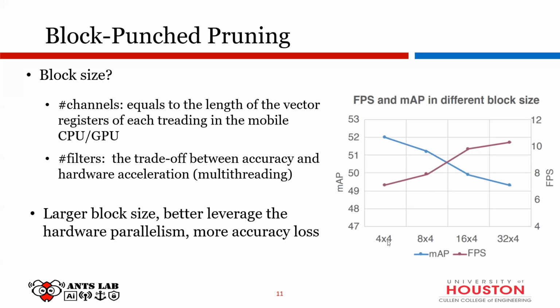As you can see, 4 here represents the channel, basically depending on the hardware. If you increase the filters, the computing performance can be significantly increased, but the accuracy drops. So usually, depending on the different device, you will need to do several experiments to determine the best number of filters to use for the block size here.